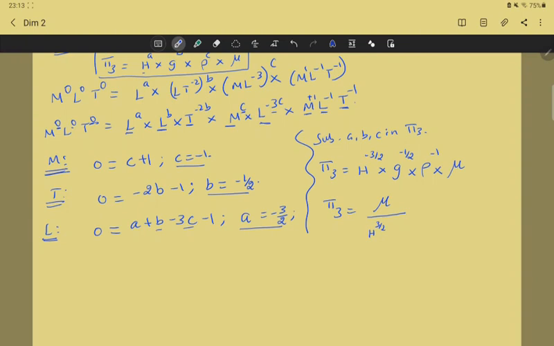Negative 3 by 2, when it goes below, becomes positive 3 by 2, times rho. Negative 1 goes over here, and negative 1 by 2 is g, over here, like this. So what does it mean by h power 3 by 2?